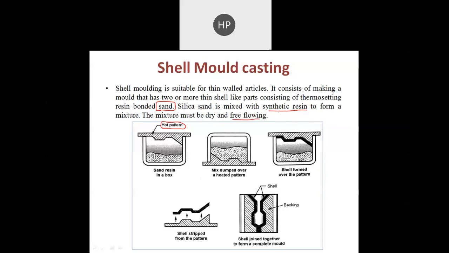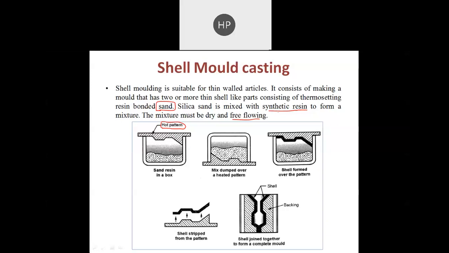So in the first step, in a box we will fill some sand which is mixed with a resin, and on that box we will put a pattern, and that pattern is heated to a certain temperature.